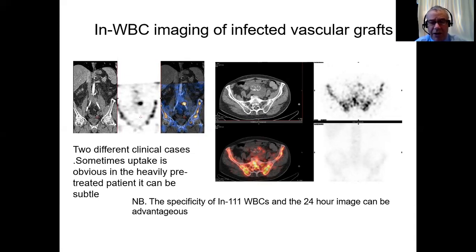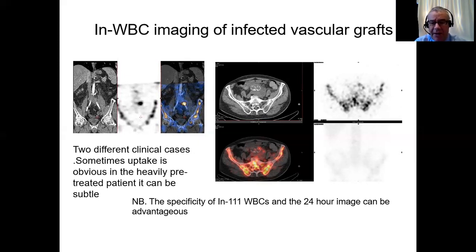This one, however, and this is the second one, you can see that just after the bifurcation of the trouser graft into the two iliac arteries, you can see the graft with the high contrast metal.